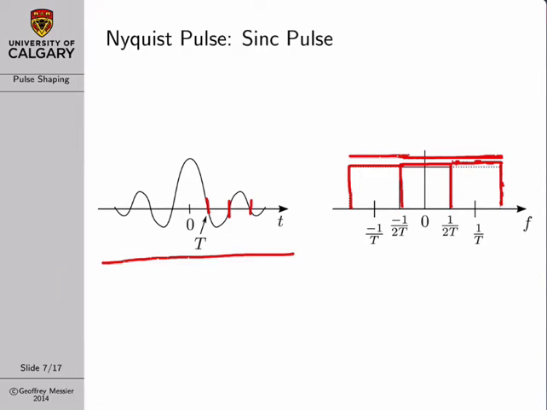Because the aliased spectrum is flat, the inverse Fourier transform of this is a delta function, and we have zero intersymbol interference.